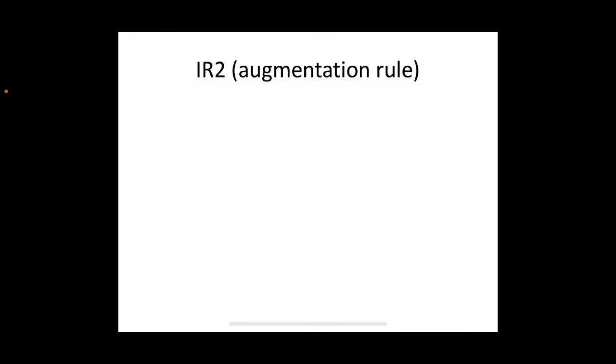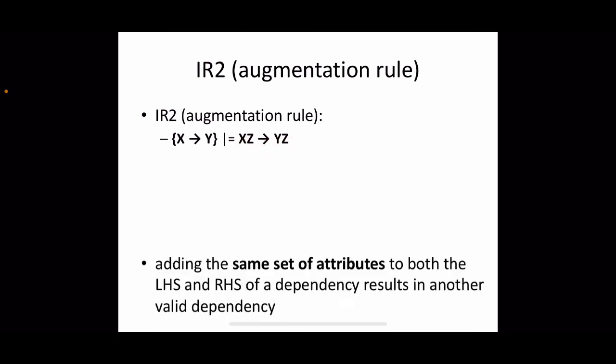And second one is IR2, the augmentation rule. That is, if there is a functional dependency X determines Y, then if we augment something to both sides, that is LHS and RHS, the same dependency holds. XZ functionally determines YZ.